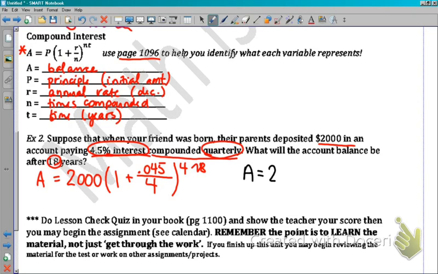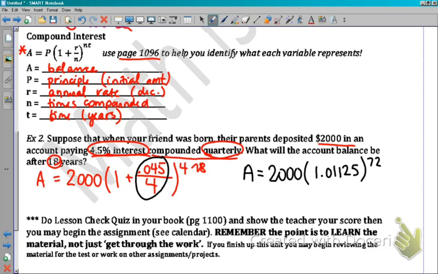So A equals 2,000 times, and I probably will also go ahead and do the 0.045 divided by 4. So it's going to be 1.01125. And because it's a reasonable decimal, I'm going to write down all the decimal points. And then I'll go ahead and figure out 4 times 18 is 72. Okay, so now I'm going to follow order of operations. I'm going to do the exponent part first.